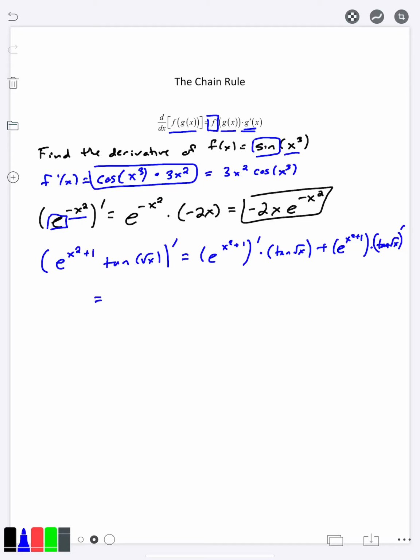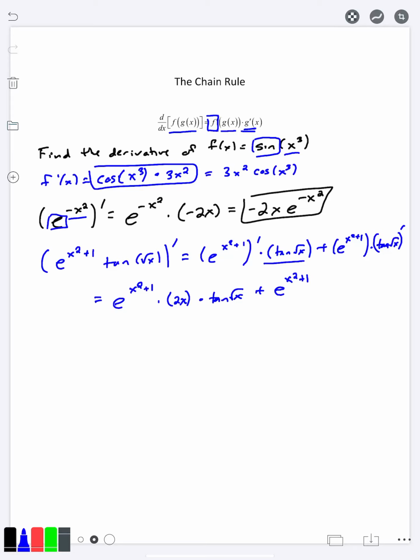And then for each of those derivatives, it's a function inside another function, so we're going to need to use the chain rule here. So the derivative of e to something is e to the same thing times the derivative of what's inside, 2x. And don't forget, we still had this tangent square root of x there to deal with. Then we're going to have plus e to the x squared plus 1. And then over there we're going to have the derivative of tangent of square root of x.